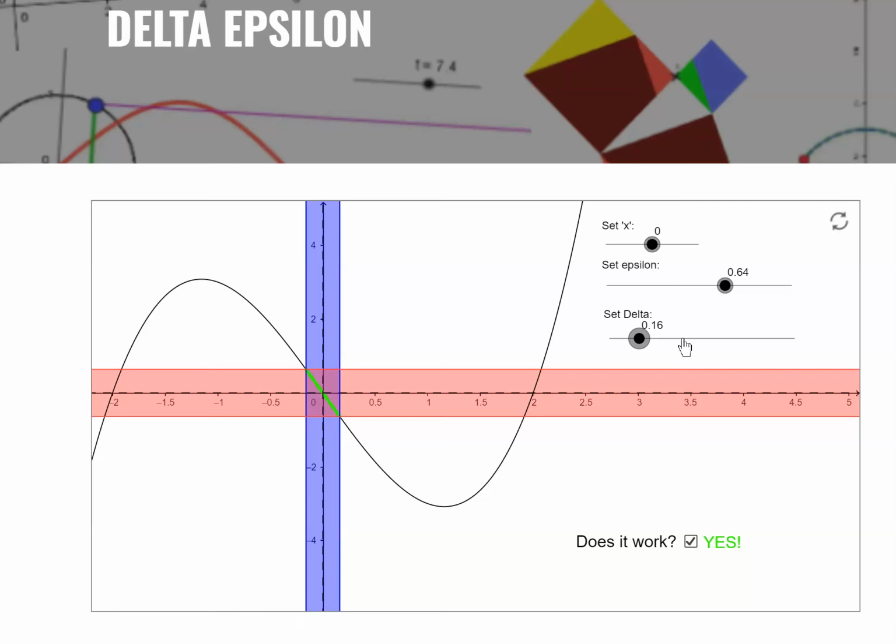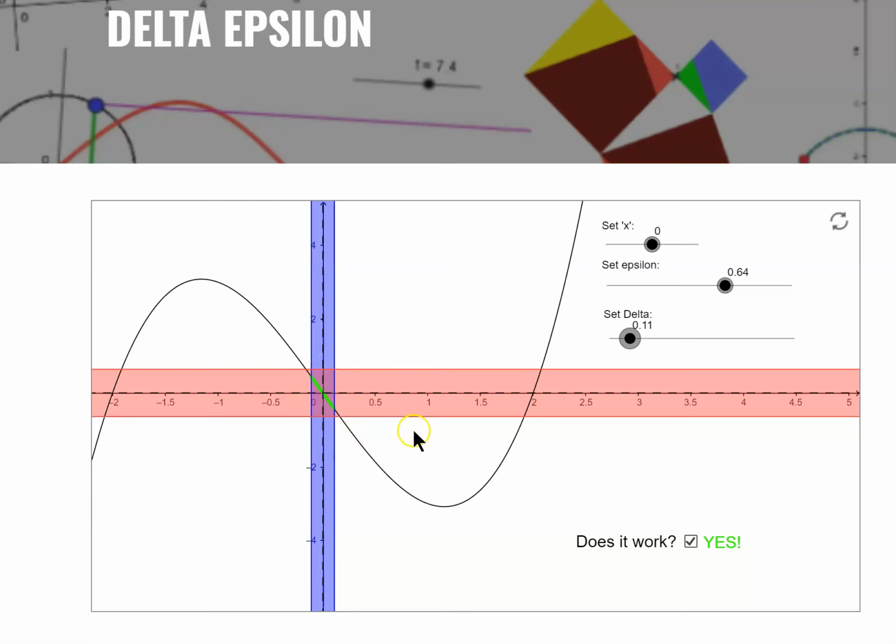Now, if I continue to move this, notice that even though I'm making that interval smaller and smaller, I'm still producing y values between 0 minus 0.64 and 0 plus 0.64.